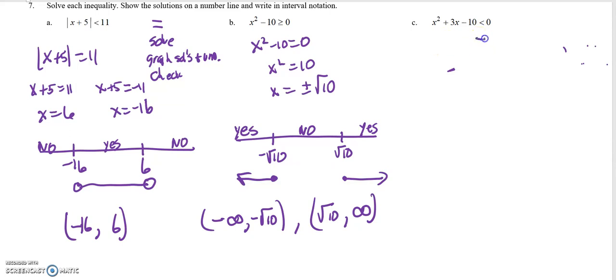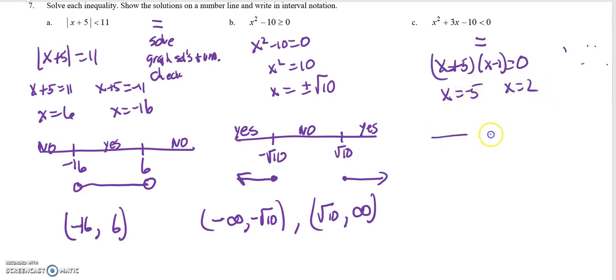Once again, make this equals. Factor x plus 5 times x minus 2. So if I set that equal to 0, I get negative 5. If I set that equal to 0, I get 2. Graph. If I sub in 3, I get 9 plus 9 minus 10. That is not less than 0.